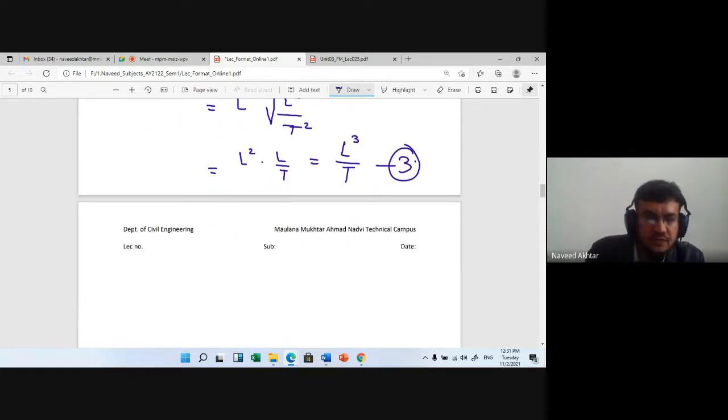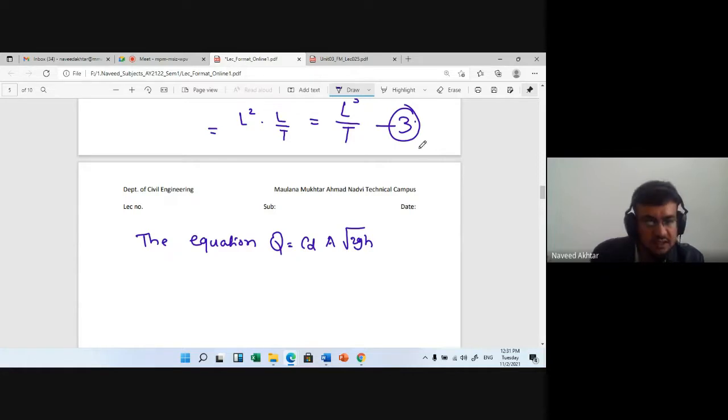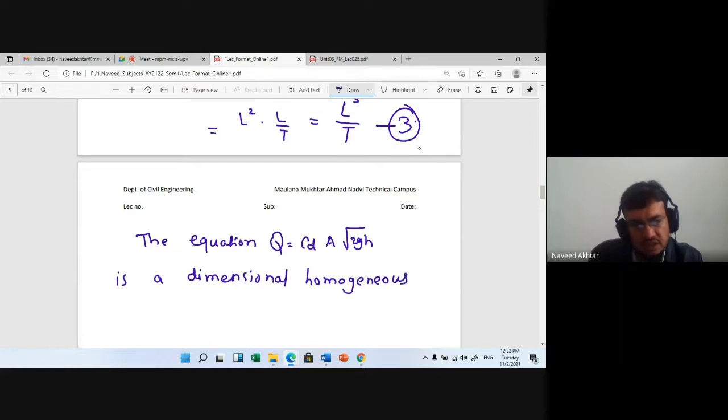So you can see the equation Q is equal to CD A under root of 2GH is a dimensionally homogeneous equation. तो समझ में आया ये?